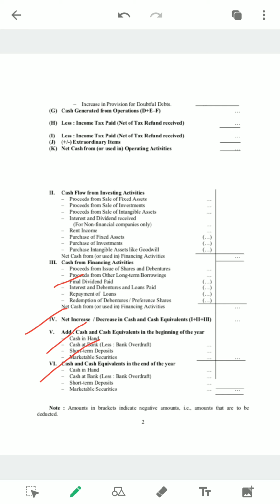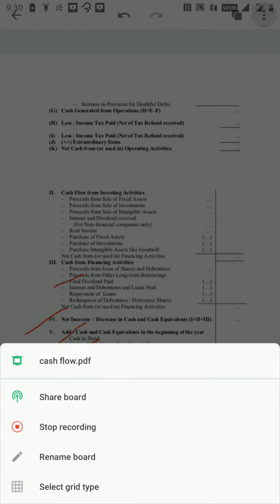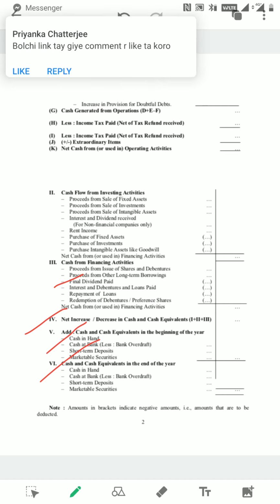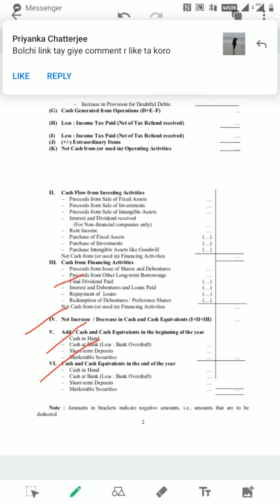So how to check whether the cash flow sum is correct, or whether it is matched or not? I've told you earlier, the cash in hand should be in the balance sheet. The opening balance is also there. The closing balance is also there.